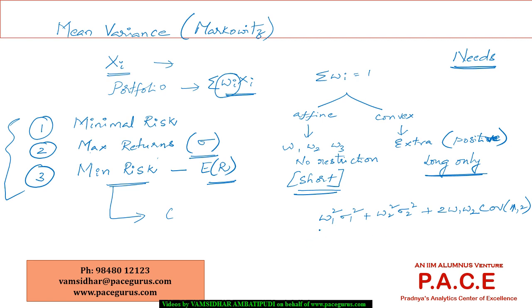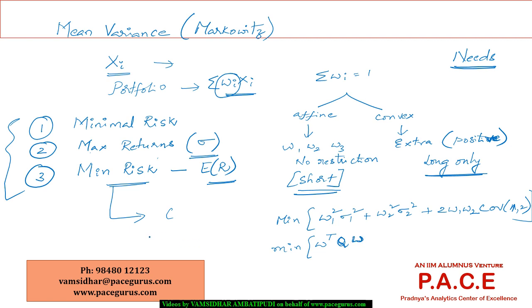Now this value has to be minimized. Now in general, this gets written as the minimization of the weights transpose multiplied by the covariance matrix Q multiplied by the weights. Just look at that.